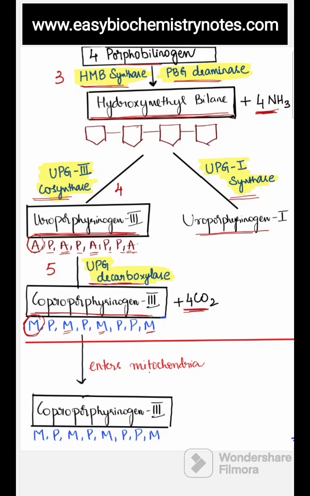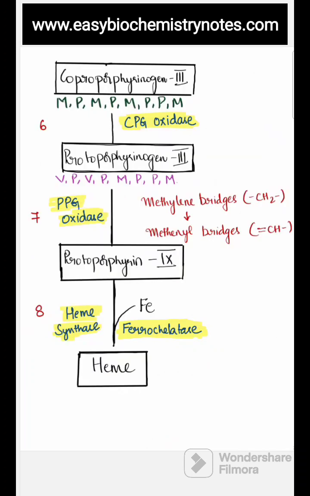Now this coproporphyrinogen 3 enters mitochondria, and in the presence of the enzyme CpG oxidase, this coproporphyrinogen 3 gets converted to protoporphyrinogen 3.